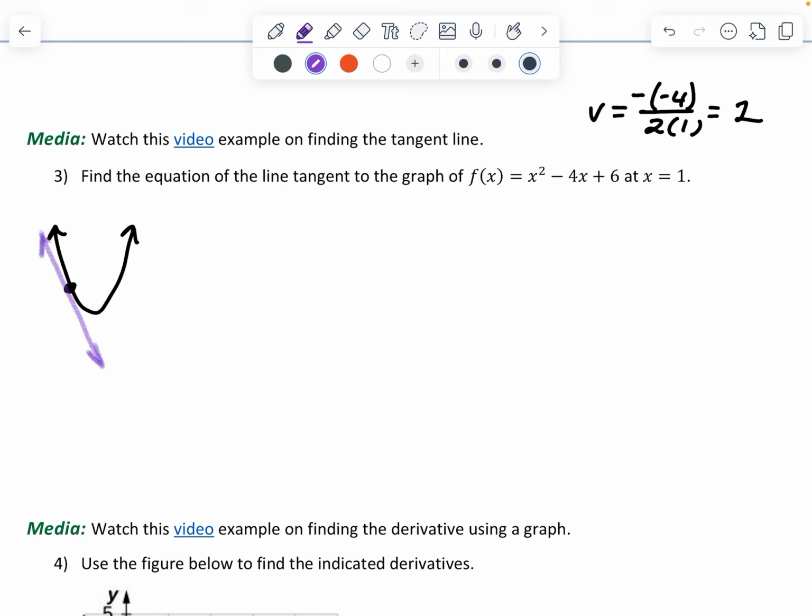So I'm going to expect this tangent line to have a negative slope. Now, I could be wrong. I've been wrong once today. So if you look at it, you can put 1 in there. You get 1 squared minus 4, which is -3. -3 plus 6 is then 3. So 1, 3, right? Hope it's right.